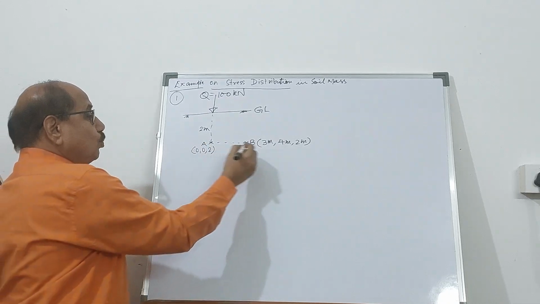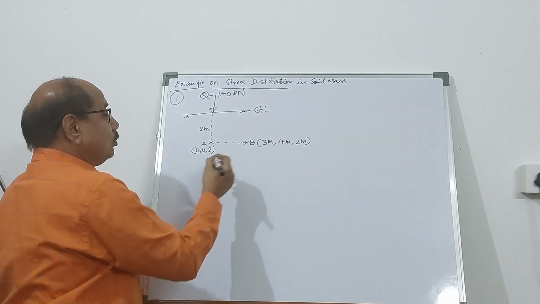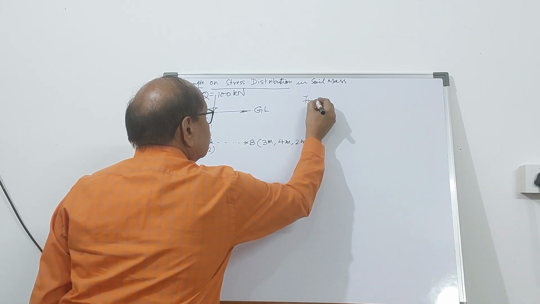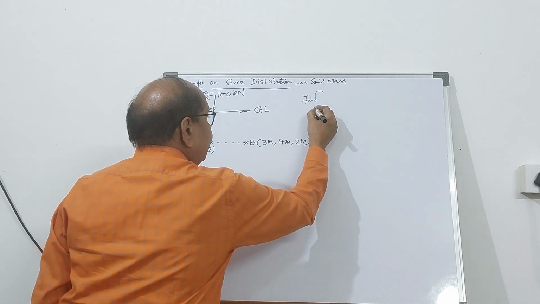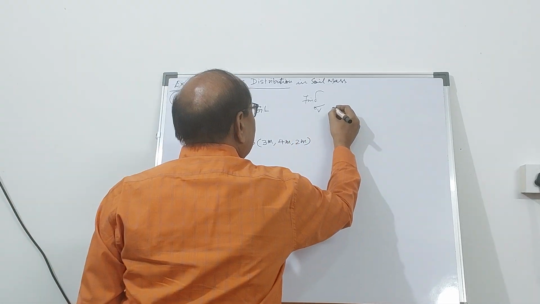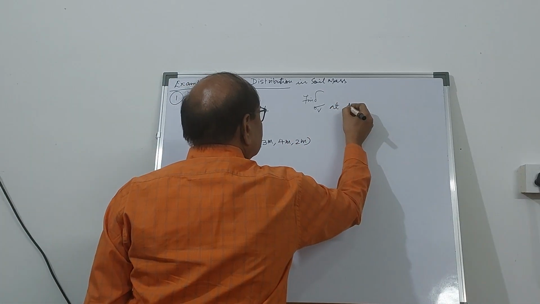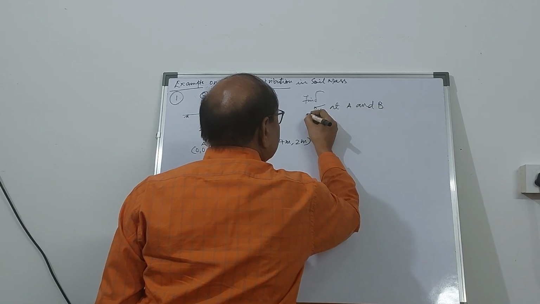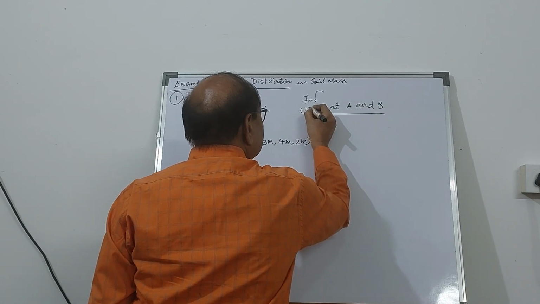So at these 2 points you want to find out the vertical stress sigma V at point A and B. This is the first part.